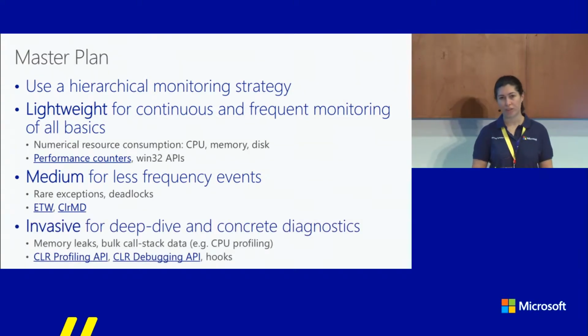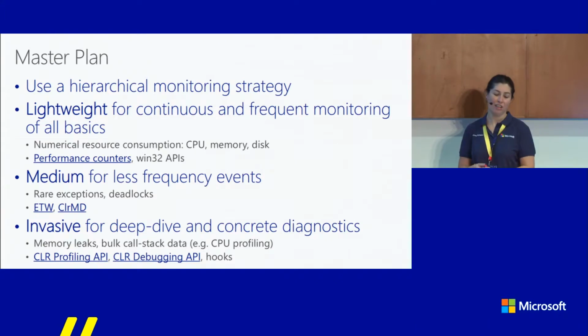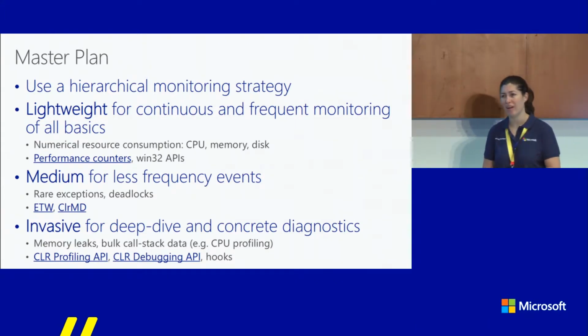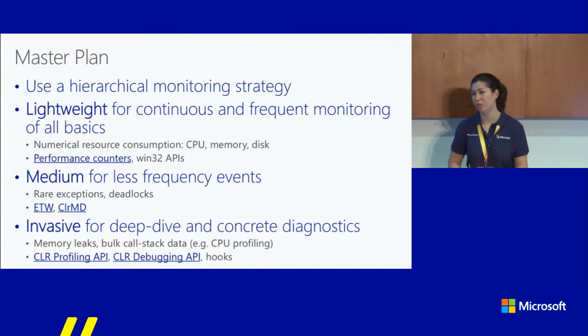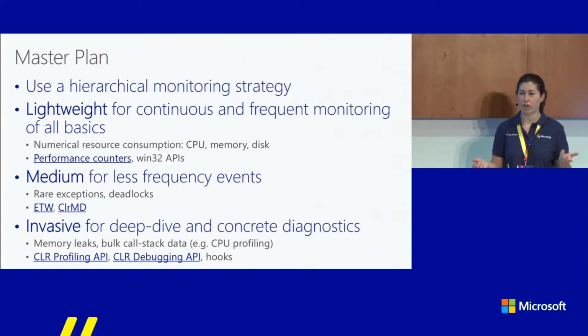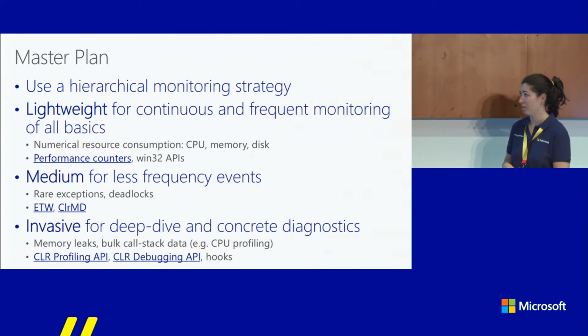And if worst comes to worst, you can really take out the big guns, use debugging APIs, use profiling APIs. If you really want to, you can hook some stuff in your application. And again, the overhead of hooks, of course, depends on the amount of work that you do inside the hook. We're not going to talk about any of these today because we don't have time and it's way too complicated.